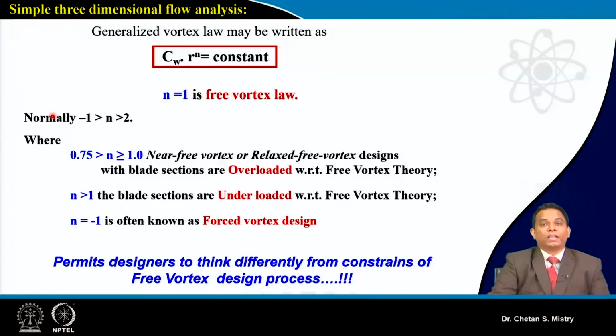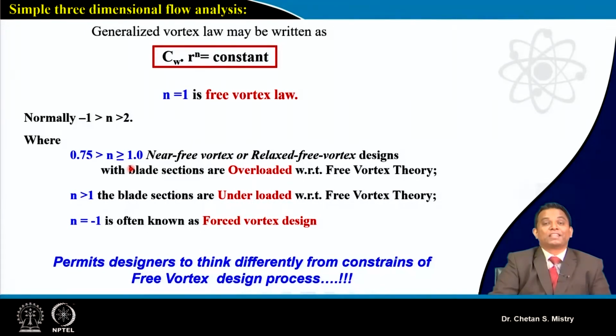Now normally this n varies between -1 to 2. Let's try to understand the meaning of these numbers. When n is between 0.75 and 1, this is defined as a relaxed free vortex design, and that gives overloading of the blade with respect to free vortex design.